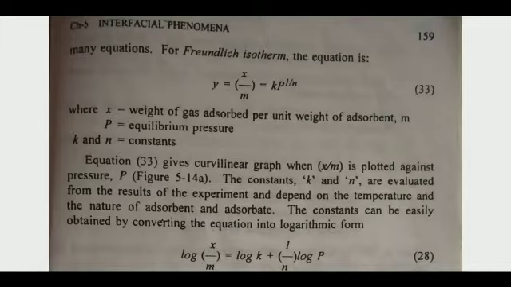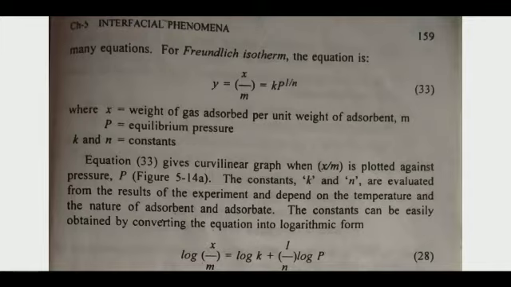In the above equation, x is the weight of gas absorbed for unit weight of absorbent m. P means equilibrium pressure. K and n are constants. To obtain the values, plot a graph in which x by m is taken on the y axis and the respective pressure on the x axis.